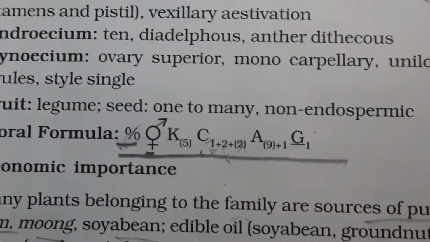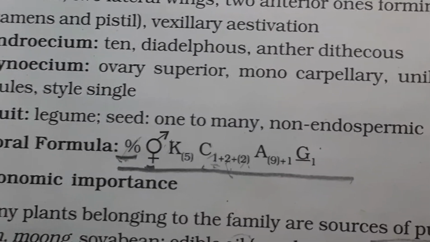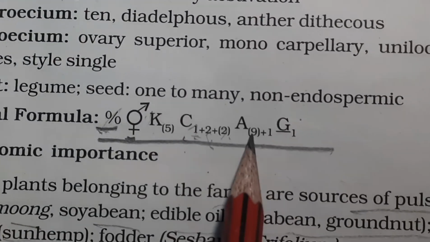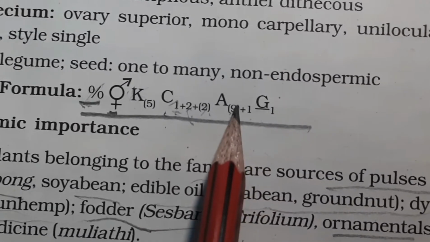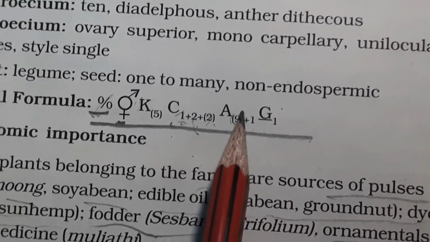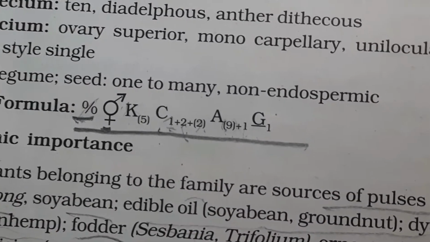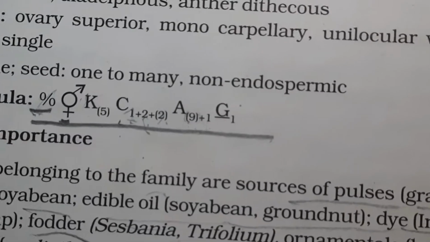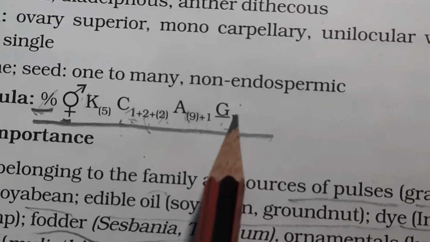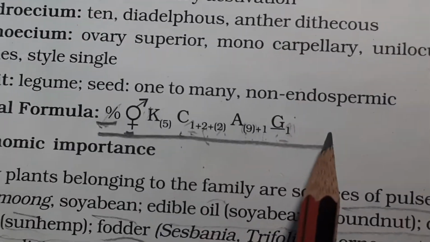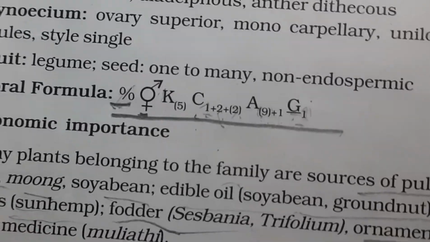The keel are united to enclose the reproductive organs of the flower. Androecium has 9 plus 1 arrangement, in which 9 stamens are united together and 1 is free. I'm going to show this also, and it has 1 carpel and superior ovary. So let's see the actual flower.